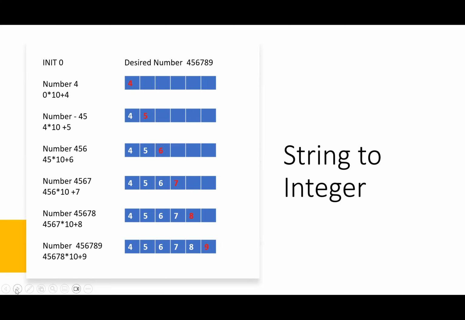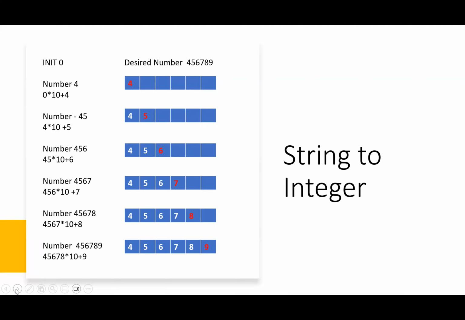In the similar way, if the next digit we get is 5, the current number is 4, and we multiply it by 10 to make another 0 at the end, then add the new digit.